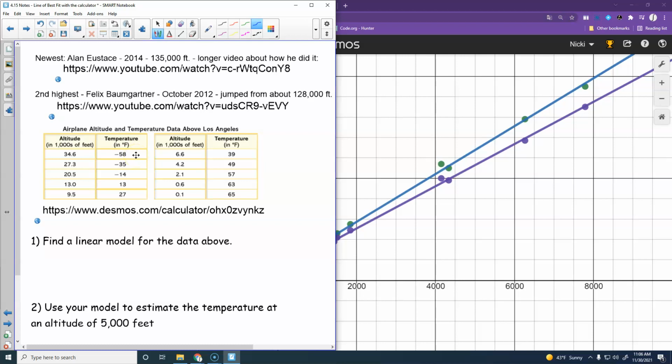That's cold. So you can't survive in negative 58 degree temperatures. What's the other problem with being at 34,000 feet? Why else can't you just go up there in your shorts and t-shirts? Oxygen. There's not enough oxygen at that level. That's why when you're in a plane, the cabin's pressurized, and if you lose pressure, you are in trouble.